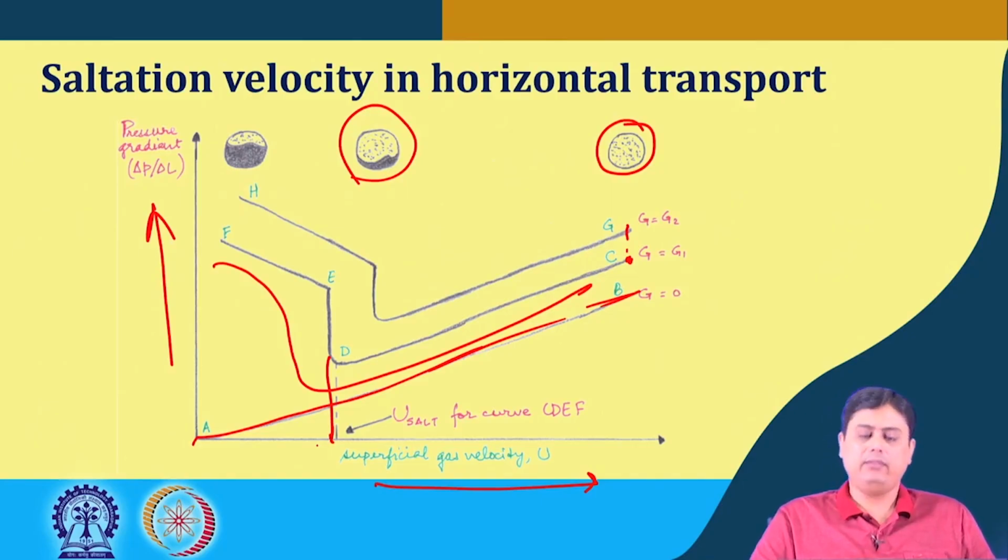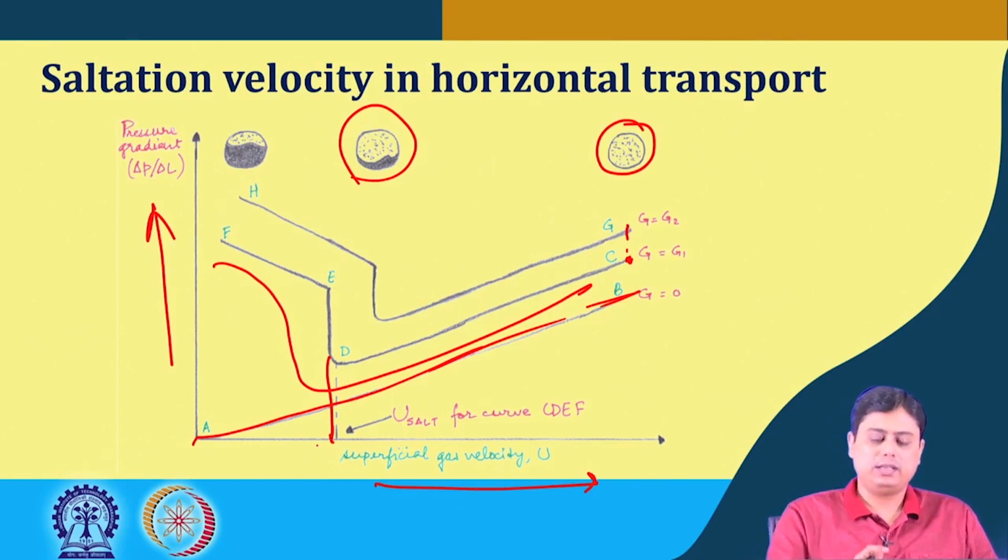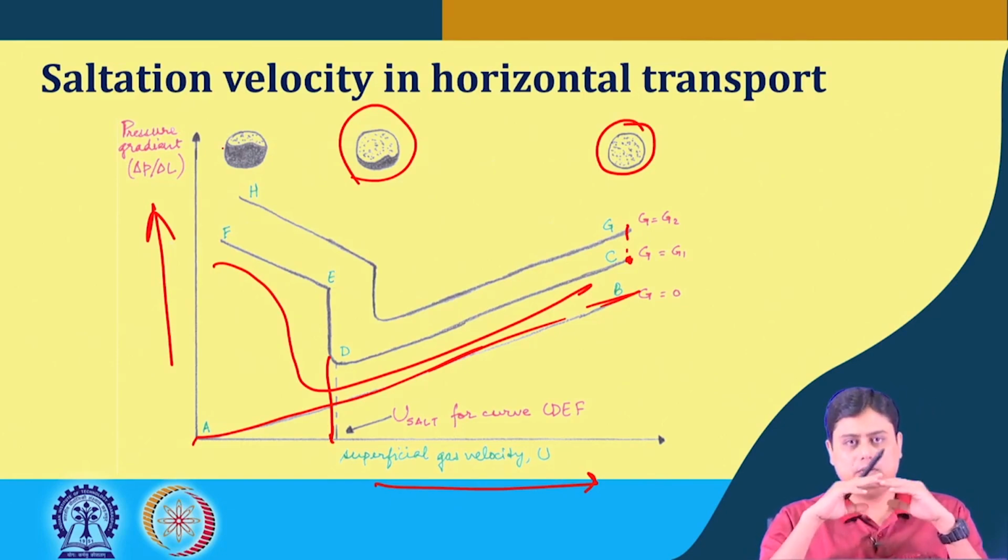and after that if we further decrease the superficial gas velocity, there will be a clear separation of the settled solid, which will partially block the channel or the pipe, and there will be a small section or area through which the gas will be passing.